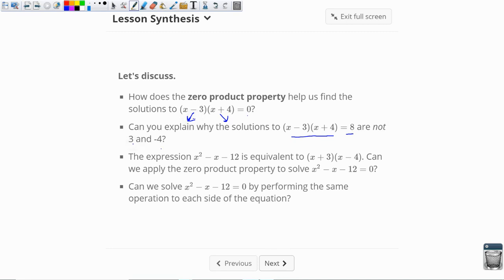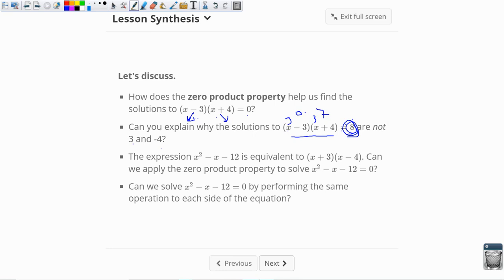This would have 3 and negative 4 as solutions. But if I plug in 3 here, 3 minus 3, 3 plus 4, I would get 0 times 7, and that would not equal 8. So we have to be careful. These are the zeros or the roots or the x-intercepts, the solutions to it equaling 0.